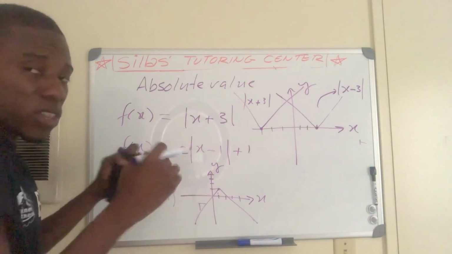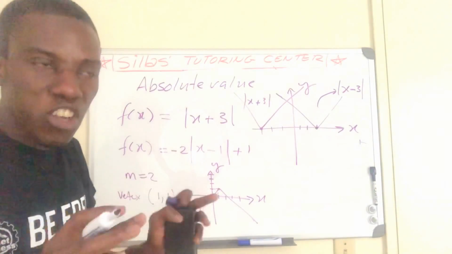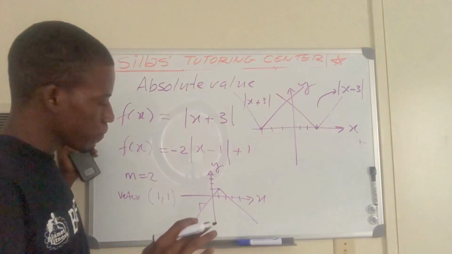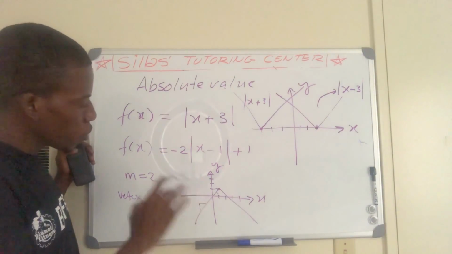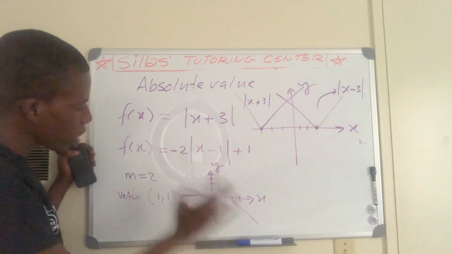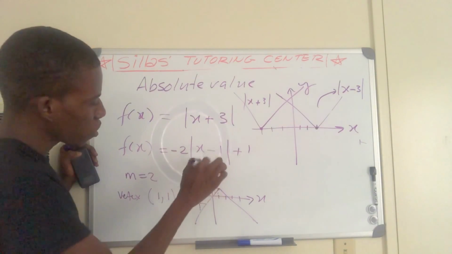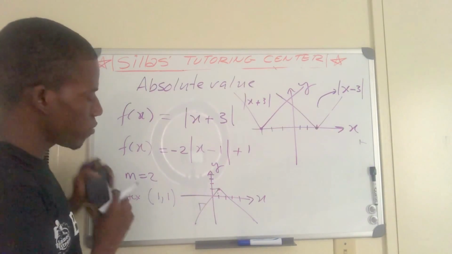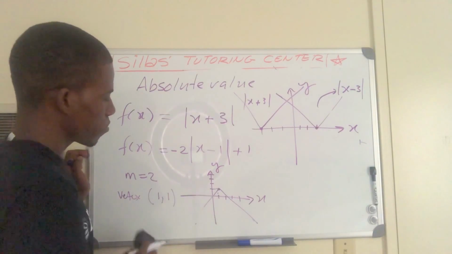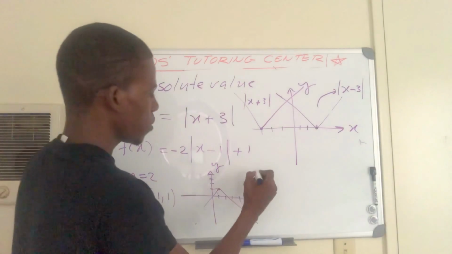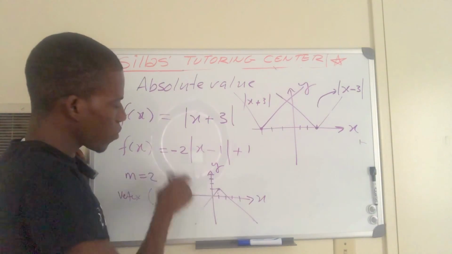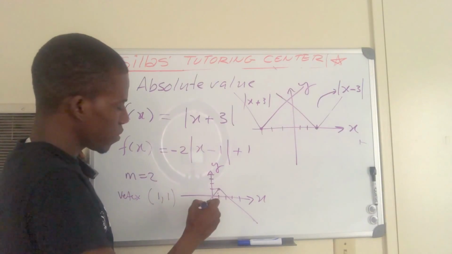But if you just want to know the behavior before you do anything, you can just look at the function. You say, oh, hk is 1, 1. Boom. That's my behavior. Because it was negative, it's facing down. Negative facing down.